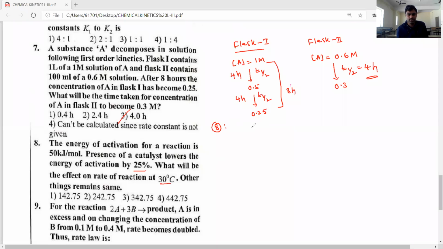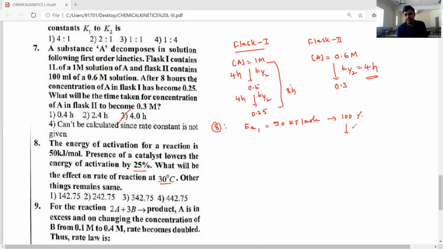See the first one. Initially, the activation energy Ea1 is equal to 50 kilojoules per mole. Okay, it's very clear. Now the activation energy is 100%, and this 100% is 50 kilojoules per mole.